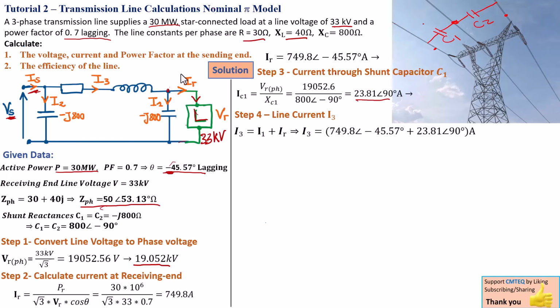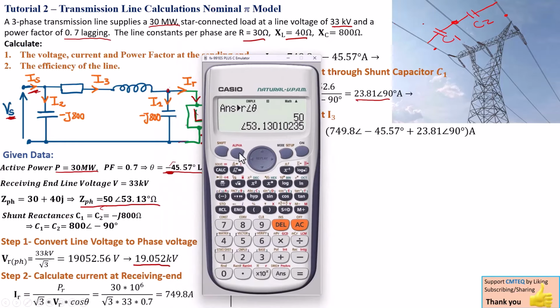So I3 is I1 plus IR, which is these two currents added together in polar form. You can also do this with your calculator. If I may, I'll show it quickly here for those who would want to know.